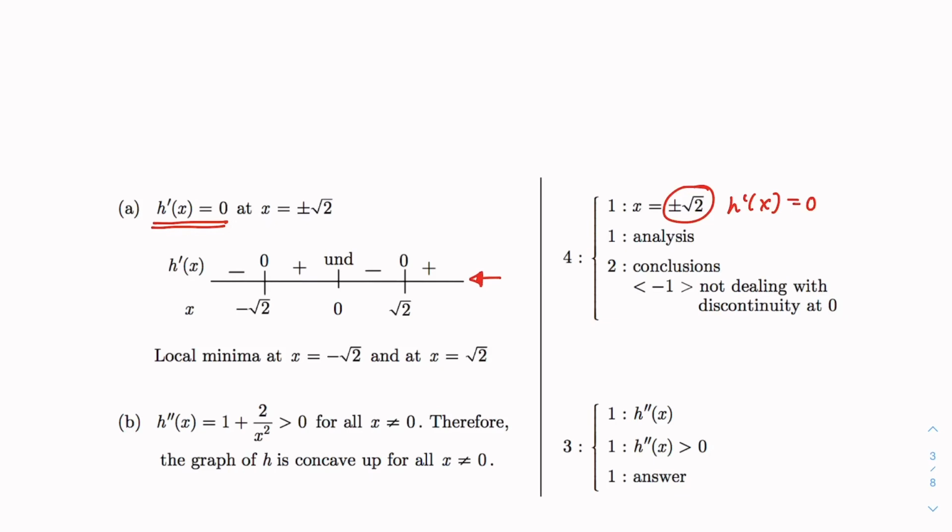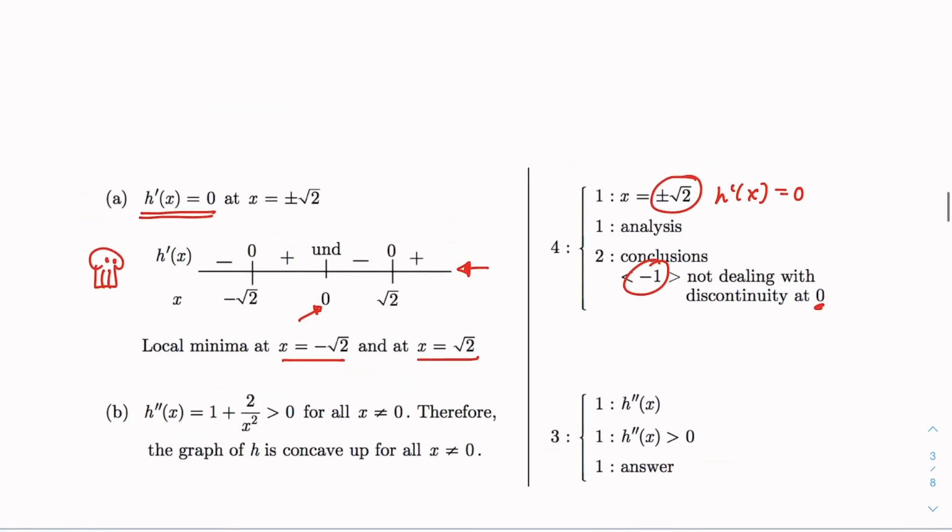Then we got 2 points for our conclusion, which is that this is the local min, and probably the second point, that this is the local min. Notice you lose 1 point for not putting the 0 onto the number line. Okay, cool, so we got all 4 points there.